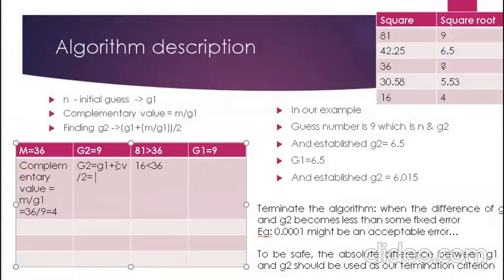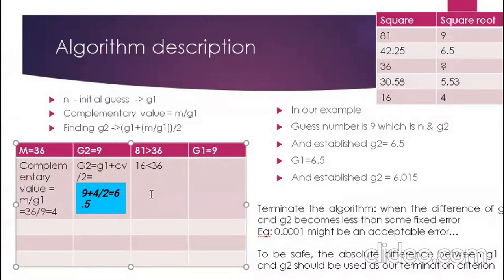So it's actually equal to this equation. G1 was 9 plus 4. CV is 4. So you get 13 divided by 2, which is equal to, you got this right, that is 6.5.